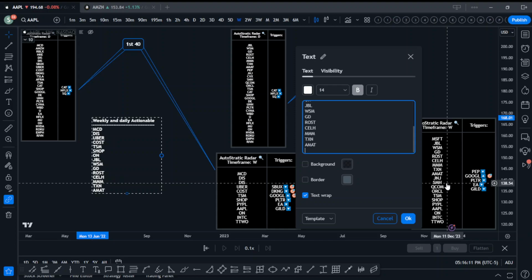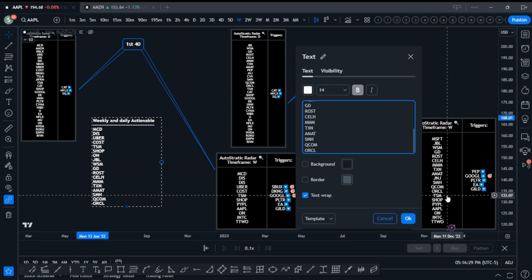SMH, yes. QCOM, yes. So SMH is basically all of the chips, so that would include QCOM, TSM, and others, yes. We got a lot of stuff.